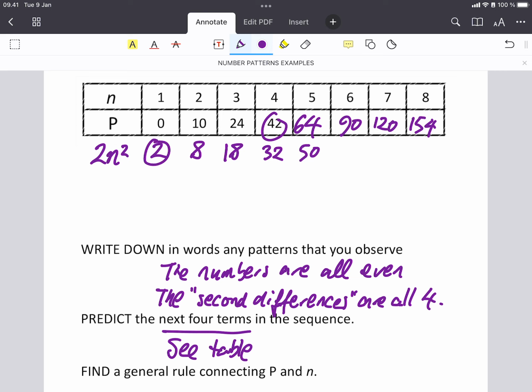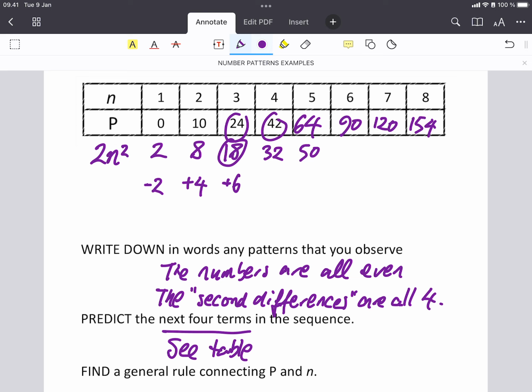So first of all, we got a 2 when we wanted a 0, so we'd need to do minus 2 to that. Then we get an 8 when we want a 10, so we'd need to add 2 to that. Then we get an 18 when we need a 24, so we'd need to add 6 to that.